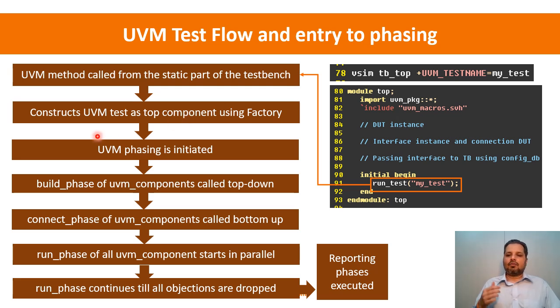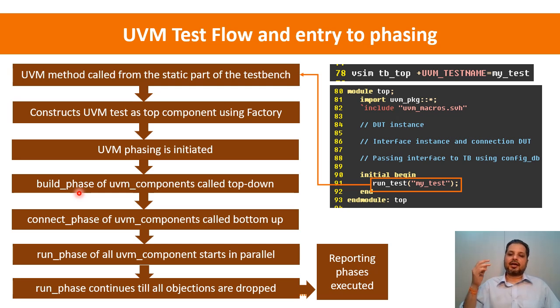And then once we do that, it comes into the UVM root's run_test task where the phasing gets launched, right? Once the phasing is launched, the first thing it starts executing is the build phase. I would like to remind you that phasing is only applicable to all the classes that are derived from the component hierarchy.